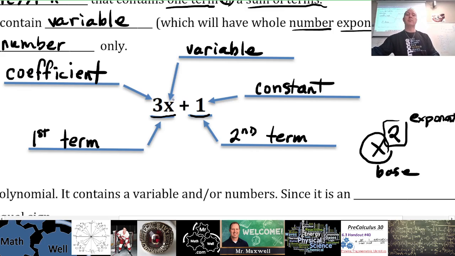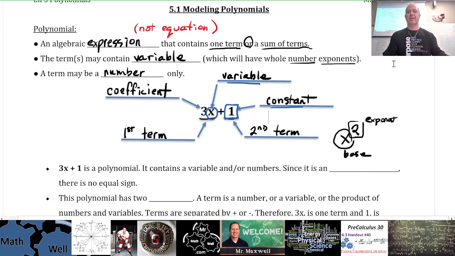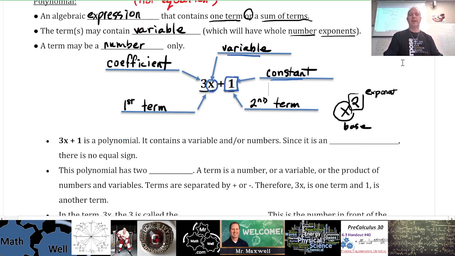This term is always just 1. There's no changing part to it, so that's a constant term. A variable can change, a constant remains the same. Questions? All right, you guys are doing great.